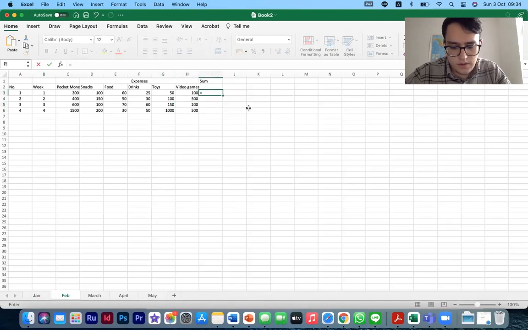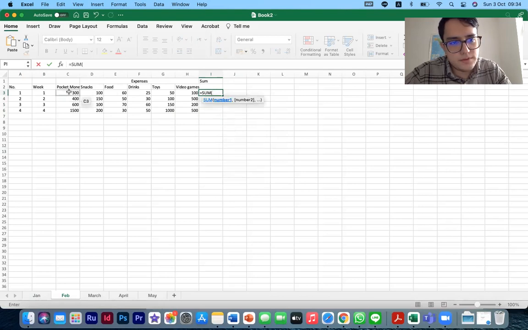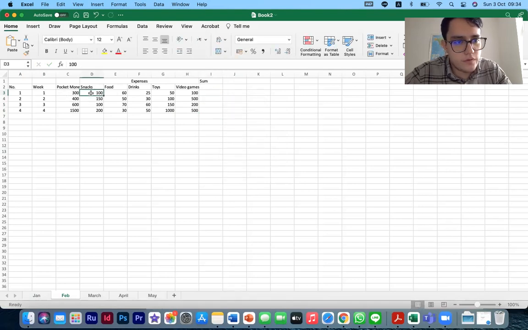Next is equal sum as before. Oh, and don't forget to add the minus in each part.